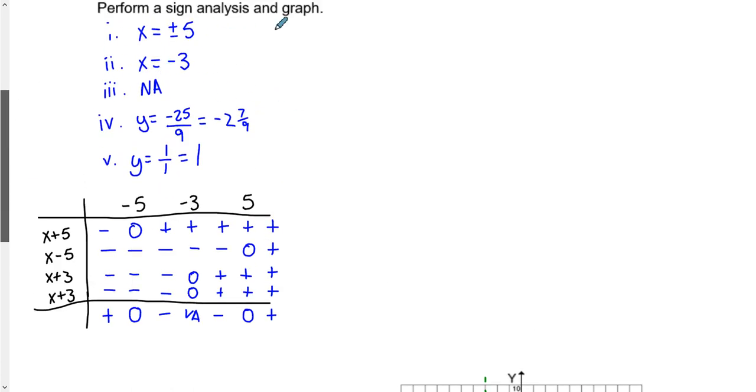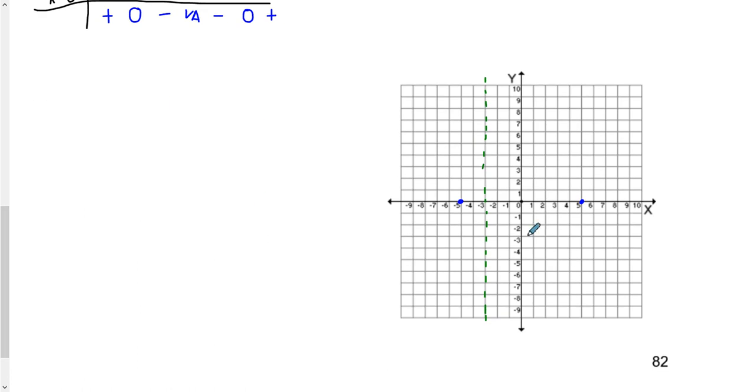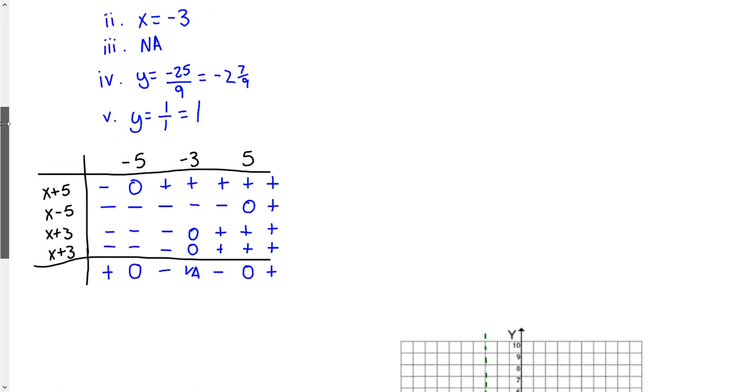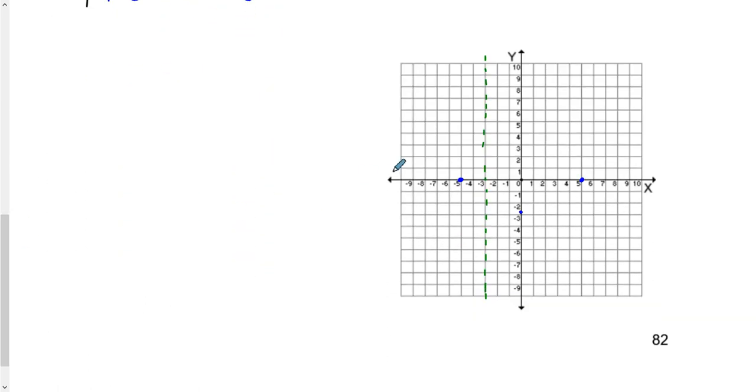Don't have any holes. Our y-intercept is -2.7. We'll put that about right there. And then our horizontal asymptote is y equals 1. So y equals 1. Yeah, right there.